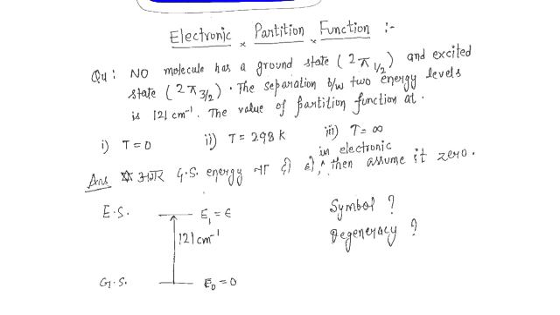So here, for the pi system, the lambda value is 1. It means it is non-zero, so the degeneracy becomes 2.